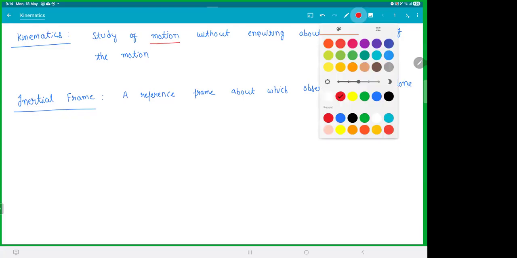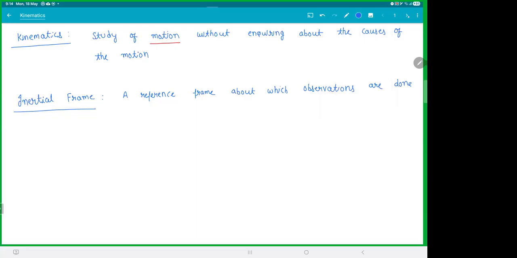Since most of the time we stay on Earth, we take Earth as a reference frame, so we keep our life simple. For convenience, we choose Earth as a reference frame.